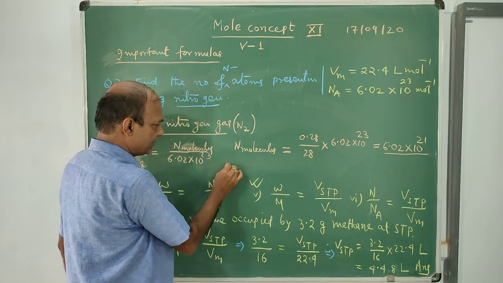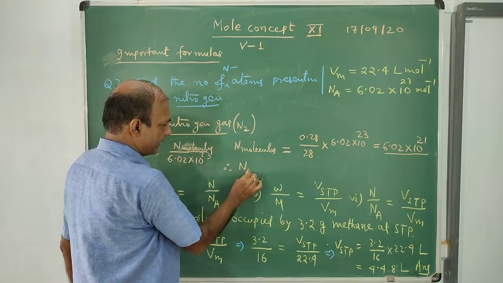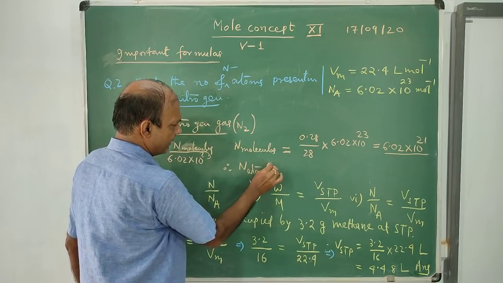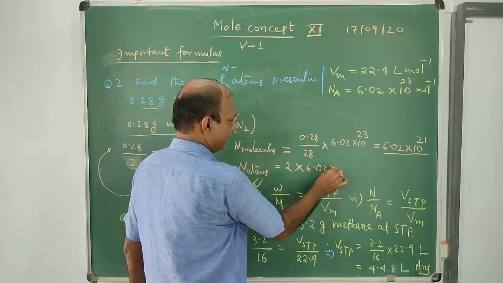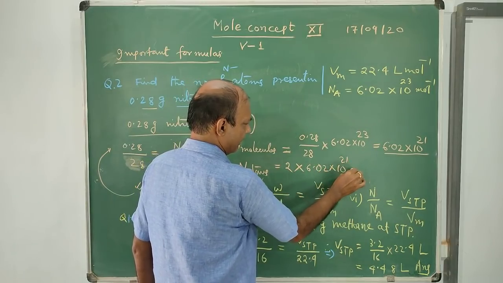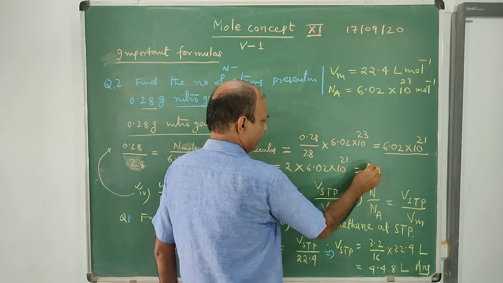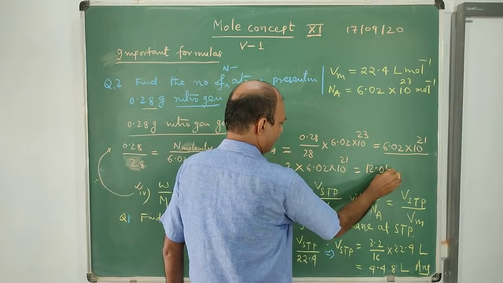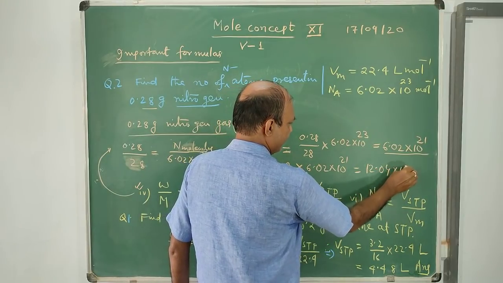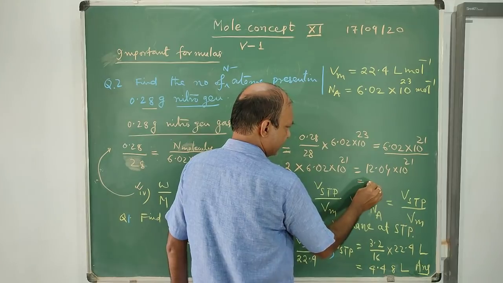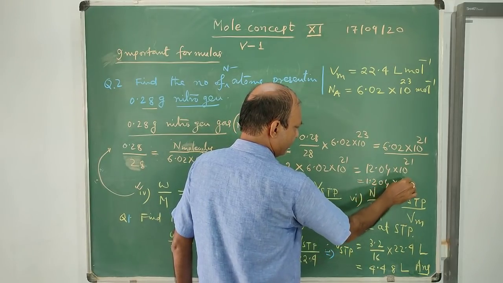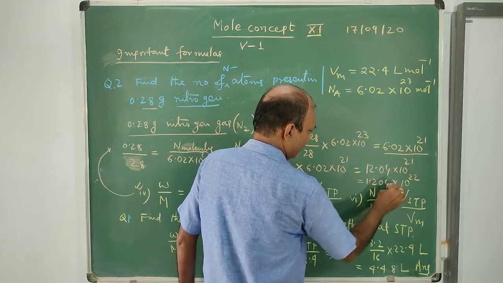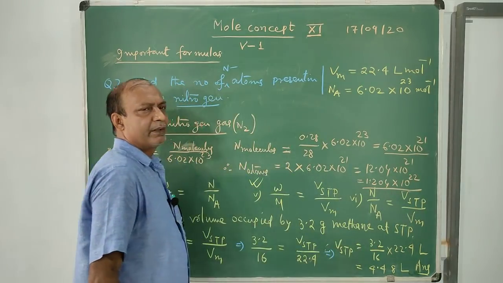Now the last step: therefore, number of atoms equals 2 into 6.02 into 10 raised to 21. This is equal to 12.04 into 10 raised to 21. In standard form, 1.204 into 10 raised to 22.